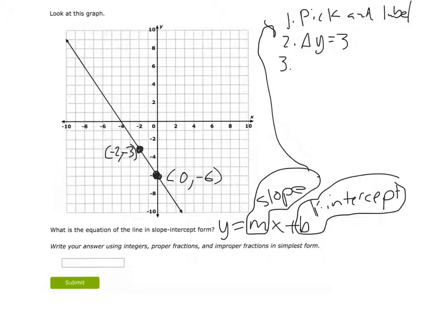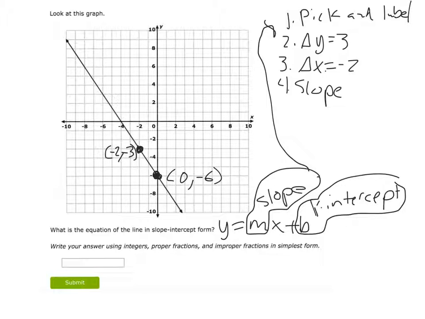Step 3 is change in x. Once we're up 3 here, we're going to go to the left 1, 2. We went up 1, 2, 3, but now we are going left, so that is a -2. So change in x equals -2.